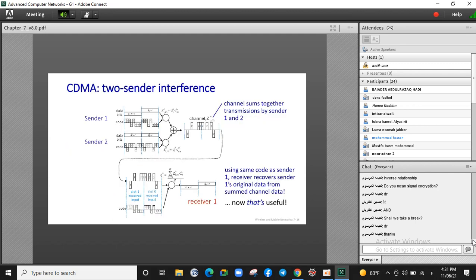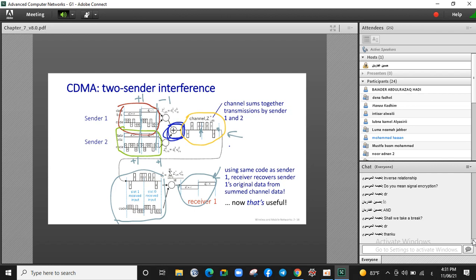Okay, we see this technology, CDMA technology, in some specific types of 3G or 4G networks, in cellular networks. But this strategy using CDMA technology is time consuming, and it uses lots of power, because I should multiply different bits one by one, calculate their summation and then divide them by n.